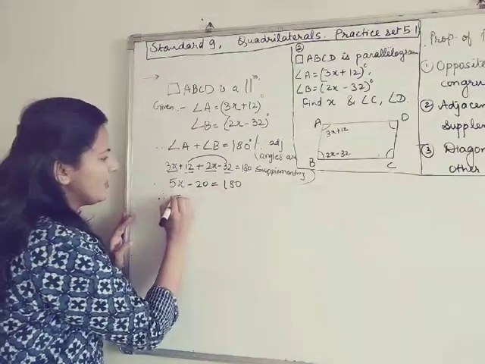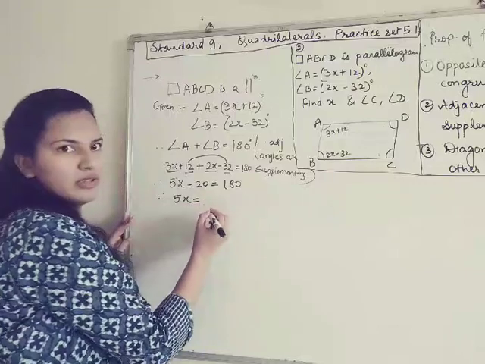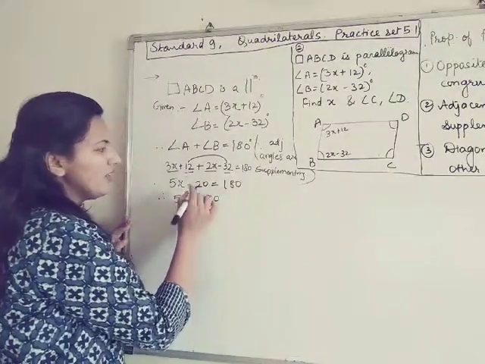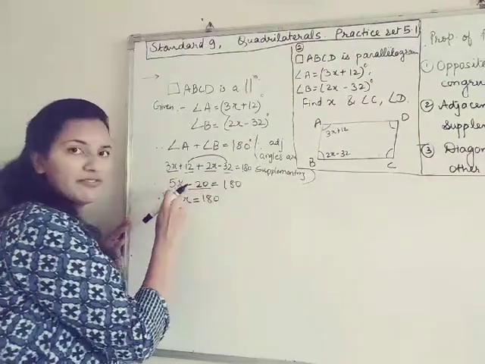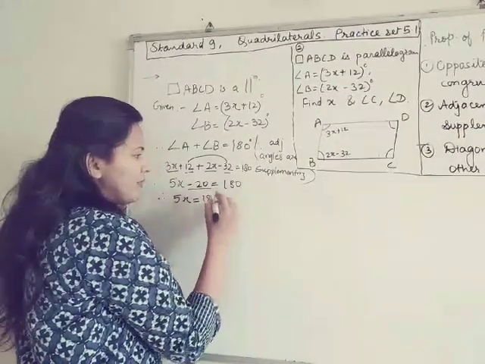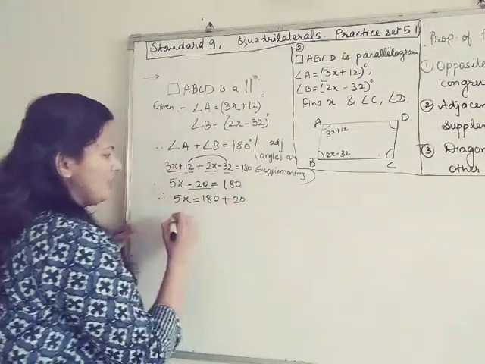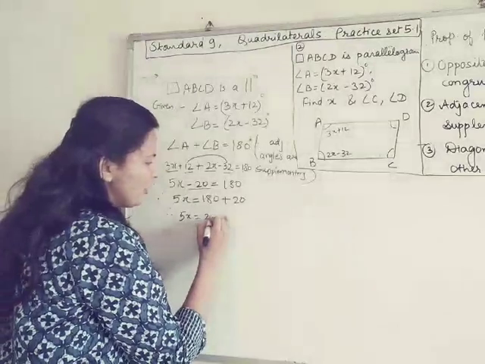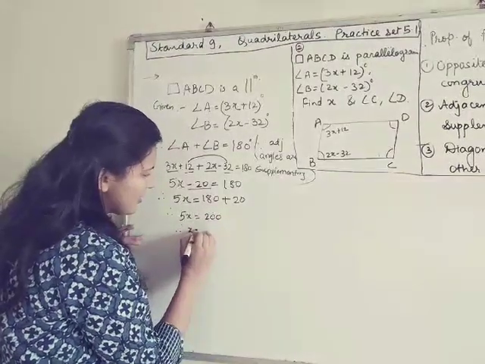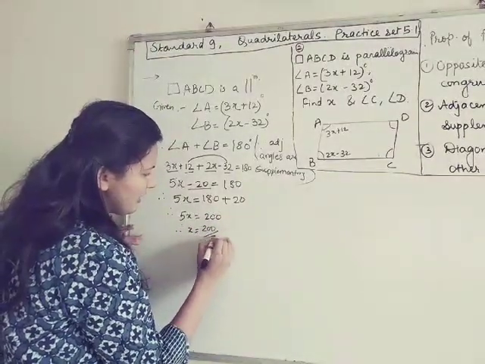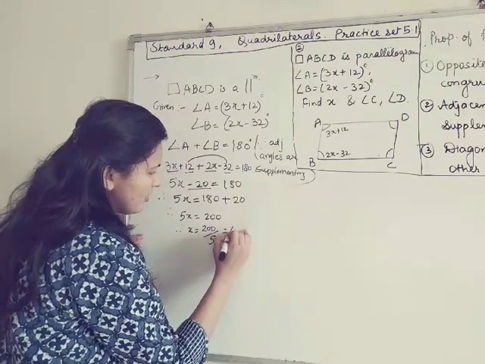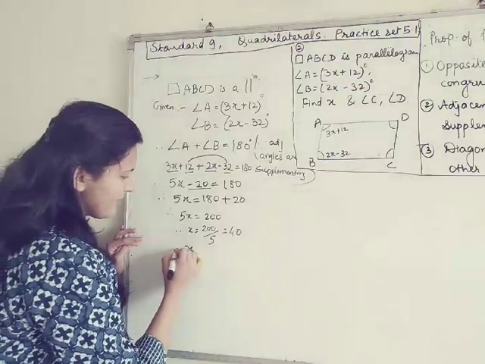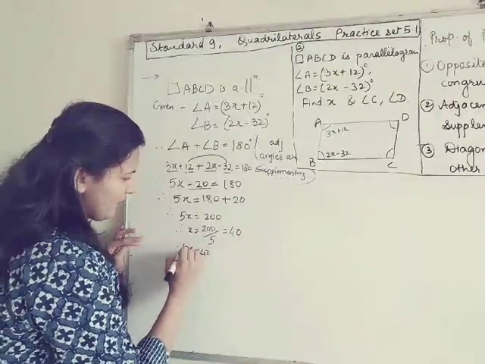So 5x minus 20 is equal to 180. We will shift this from left hand side to right hand side, so the sign will be changed, it will be plus 20. So 5x is equal to 200 and x is equal to 200 divided by 5, that is 40. So x is equal to 40.